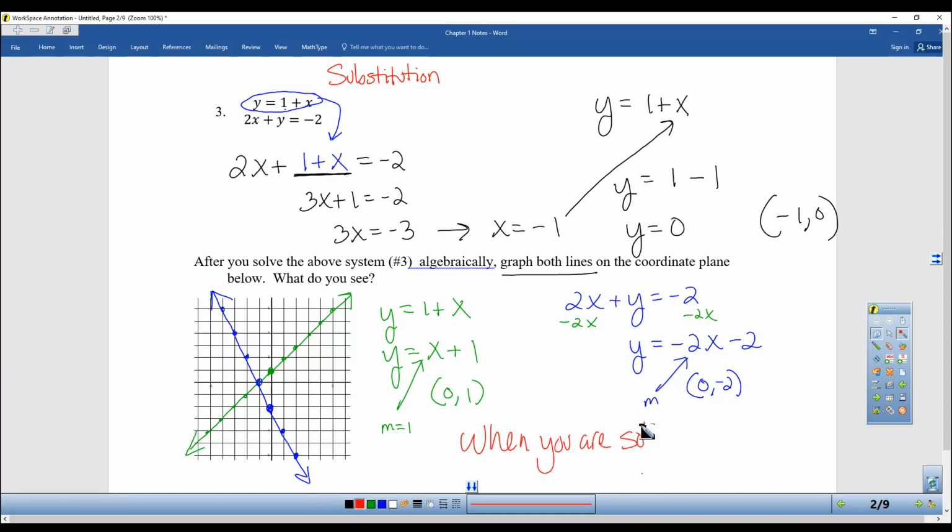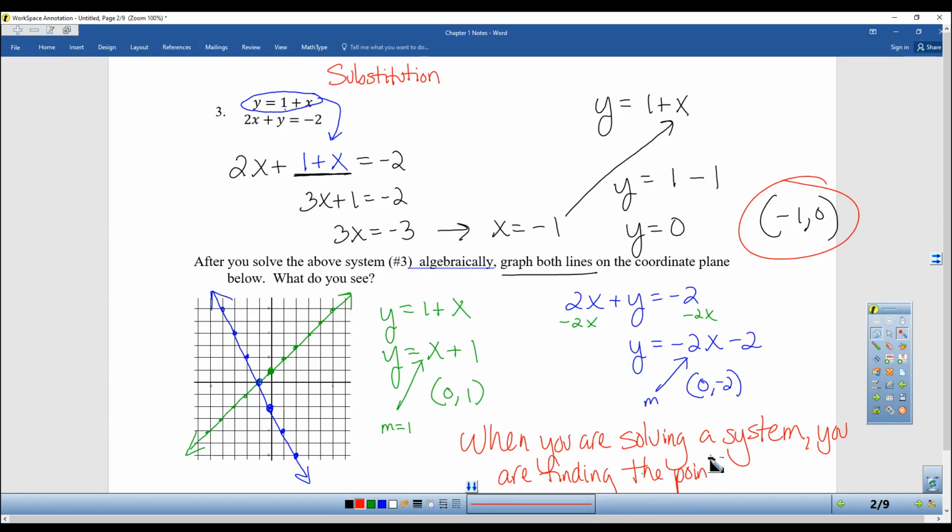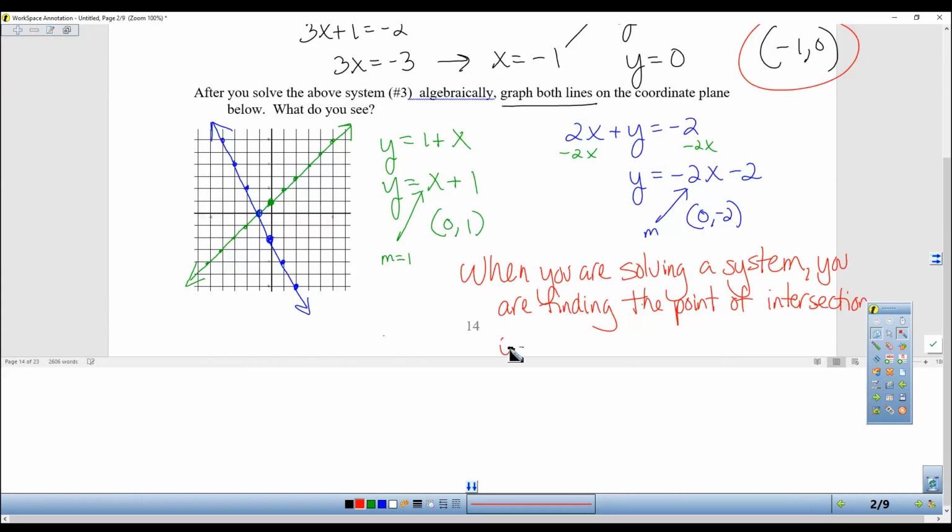When you are solving a system, even if you solve it algebraically, you are finding the value that works in those two equations, but you are also finding the point of intersection of the graphs of the equations in the system.